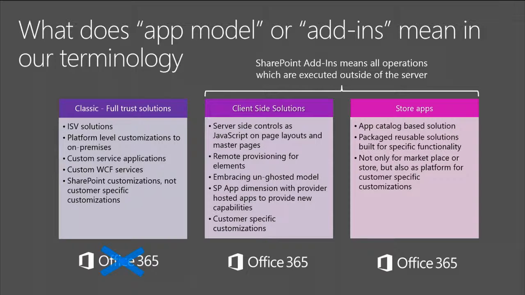But the middle section is actually the one which the enterprises usually approach for customizations. The middle section is client-side solutions. What it means is that we take advantage of the remote APIs. We are operating on the SharePoint sites. We are pushing stuff onto the SharePoint site. We might, for example, create a sub-site.